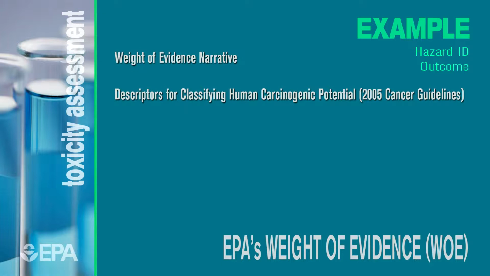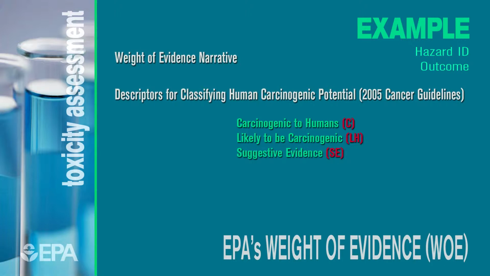It also summarizes the mode of action, which is how the chemical acts in the body. The cancer guidelines have recommended descriptors for classifying human carcinogens. These are: carcinogenic to humans, likely to be carcinogenic to humans, suggestive evidence of carcinogenicity, inadequate information to assess carcinogenicity, and not likely to be carcinogenic.